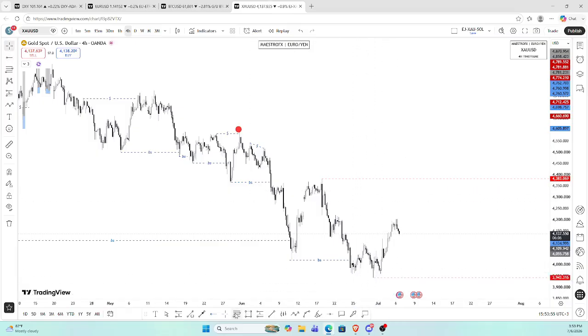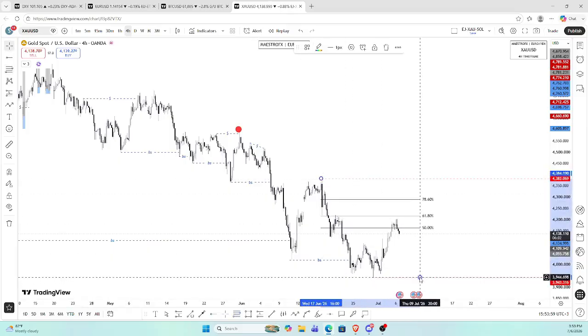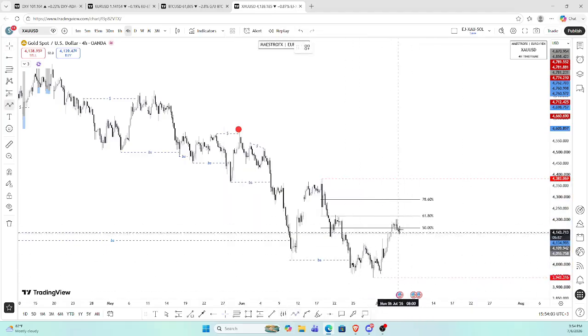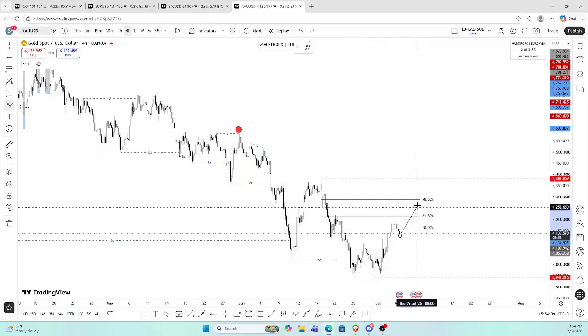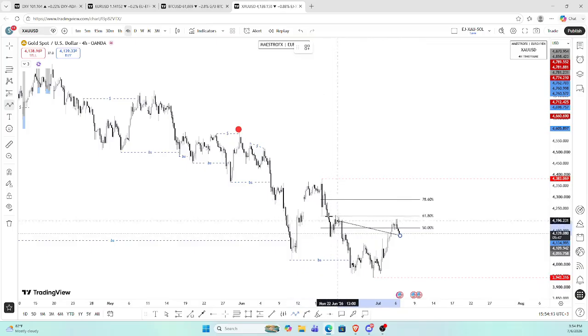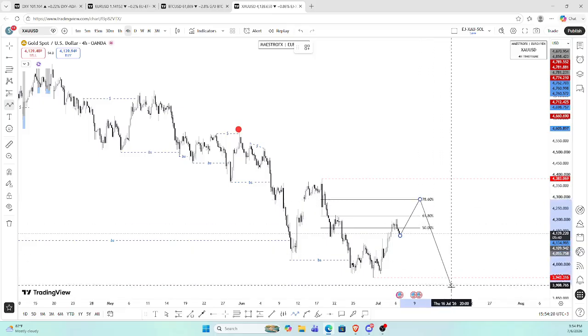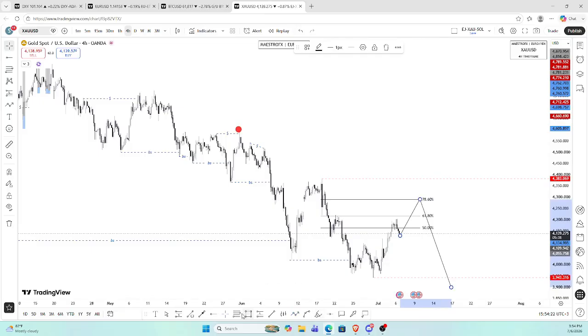so we are currently retracing. Yes, we are currently retracing, and it is possible for us to take this internal liquidity over here and possibly retrace to 78.6 before we head further lower.